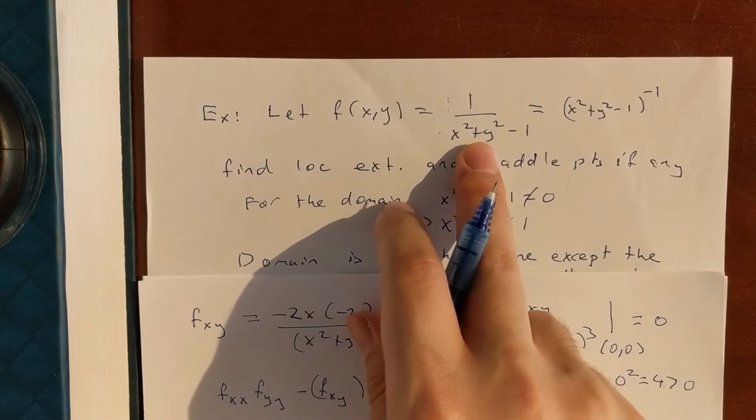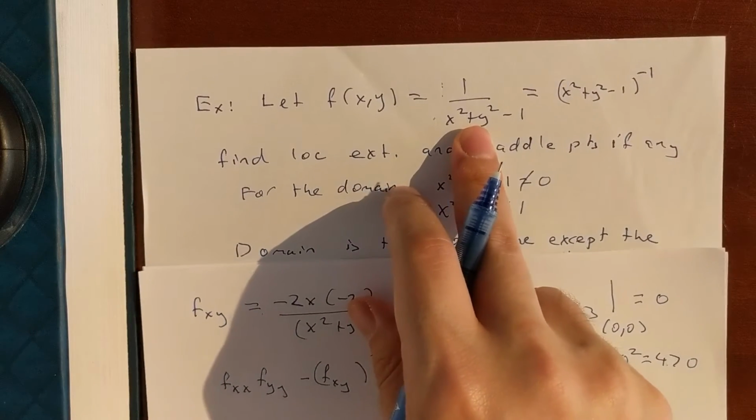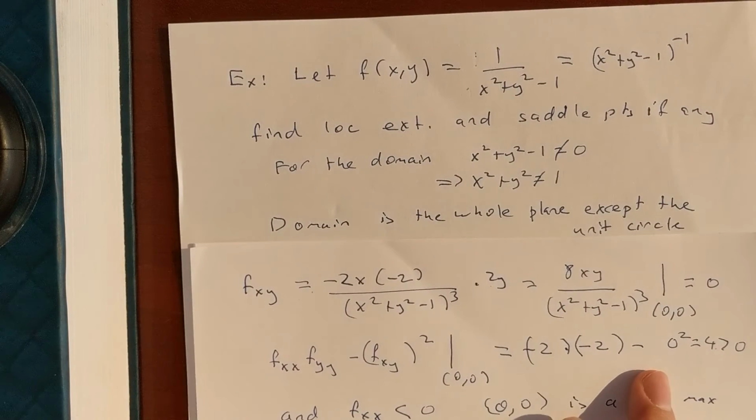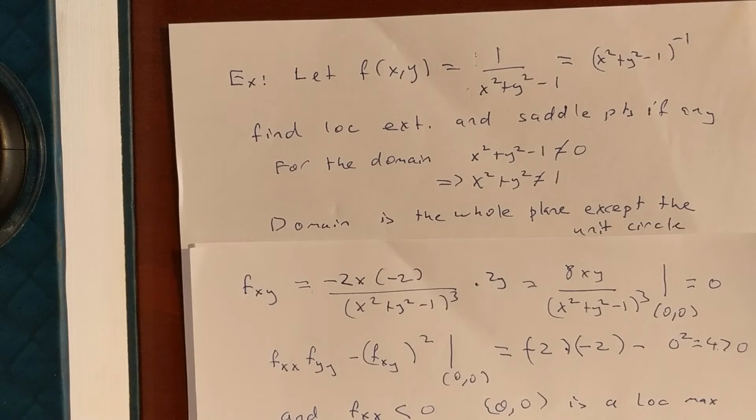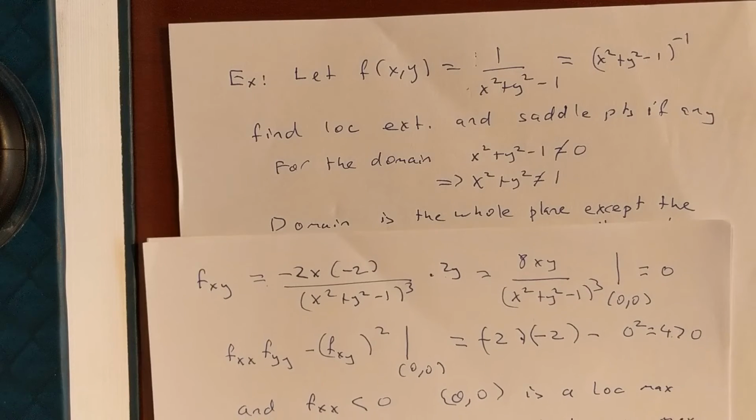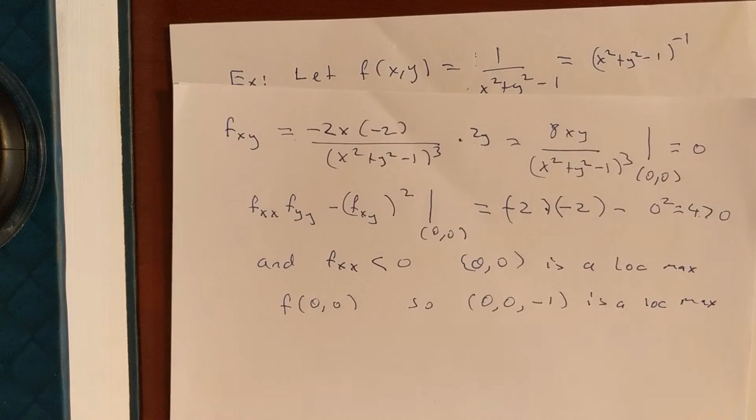Plug in 0, 0, you get just minus 1, right? So 0, 0, minus 1 is a local max. Okay, that's how you would do the problem. We'll do another one in a few minutes.